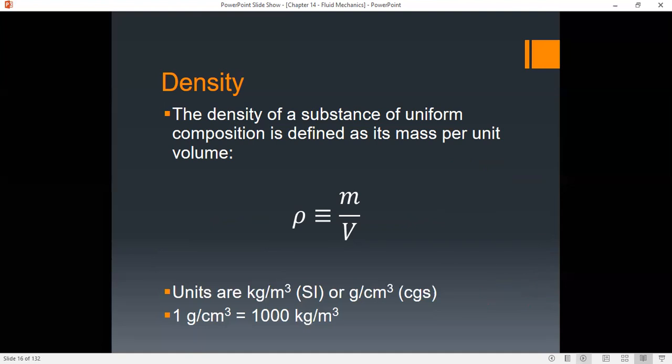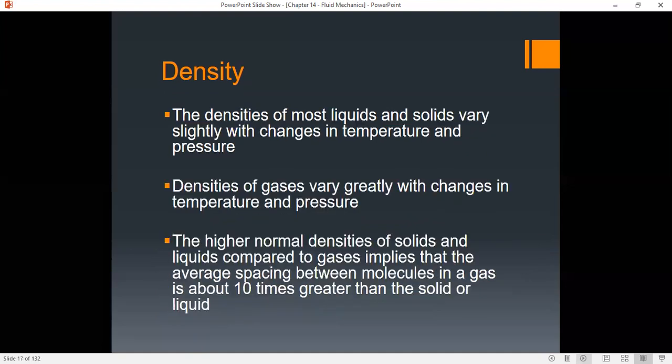So the density of most liquids and solids will vary with temperature, will vary with pressure. Liquids more so than solids. And densities of gases will vary a lot.